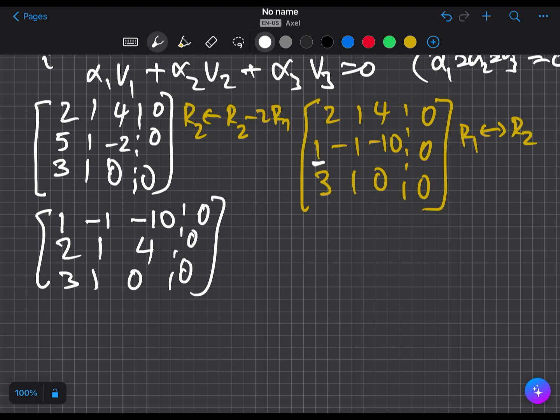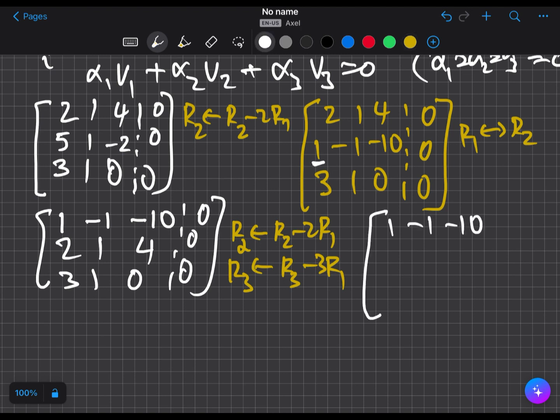Having this, the next thing to do will be to replace R2 by R2 minus 2R1 and to replace R3 by R3 minus 3R1. So this will lead to 1, -1, -10. If you solve that carefully, you will have 0, 3, 24, and 0, 4, 30.